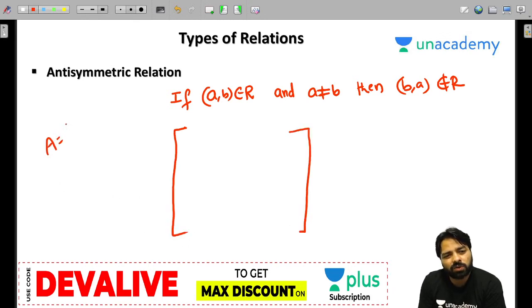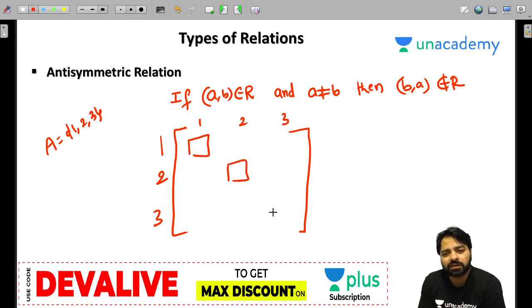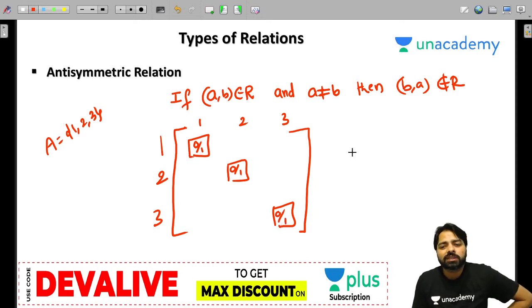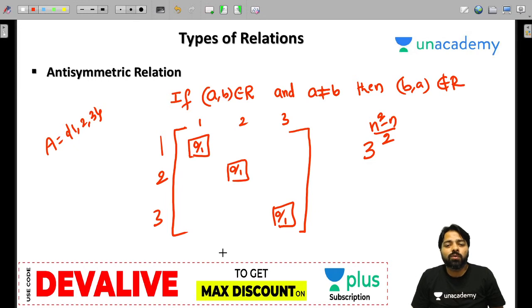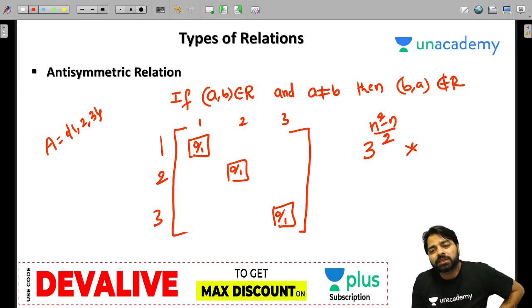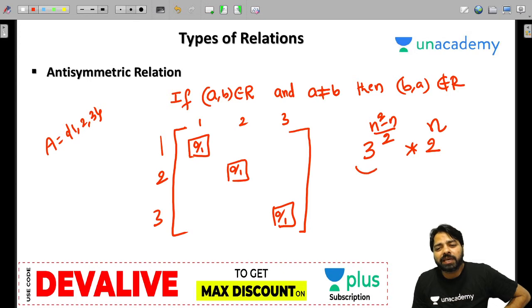If you say A is equal to {1, 2, 3}, previously we said all diagonals are absent. Now we say either 0 or 1. We don't apply this condition for diagonals. Already you know 3 power (n square minus n) by 2 because of symmetric combinations. Now you got diagonals, so multiply with 2 power n. This many antisymmetric relations.